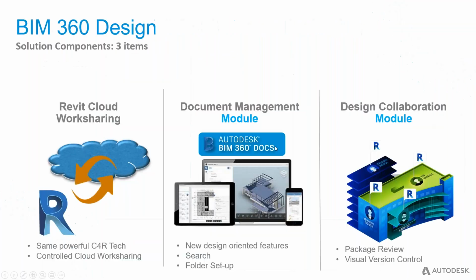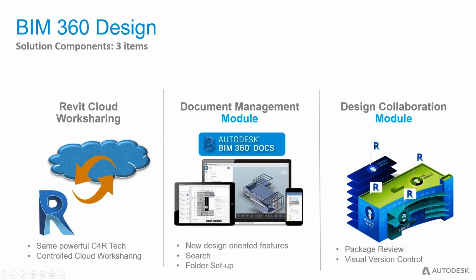Right, so moving on. We're focusing again on BIM 360 design, and as I told you, we're going to skim the edges of what is possible with BIM 360 design and look at some stuff in BIM 360 Docs, maybe some stuff in BIM 360 Build as well. You'll see later on. But essentially there are 3 components in BIM 360 design.